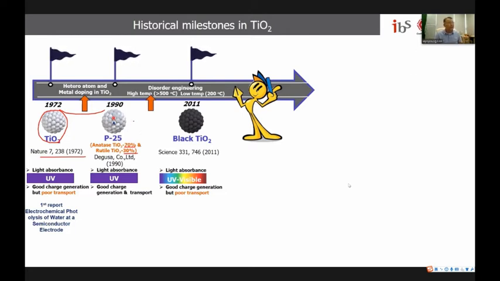After that, over 20 years later again, they found black TiO2. I will show you. After this, what is the next thing, the creation?